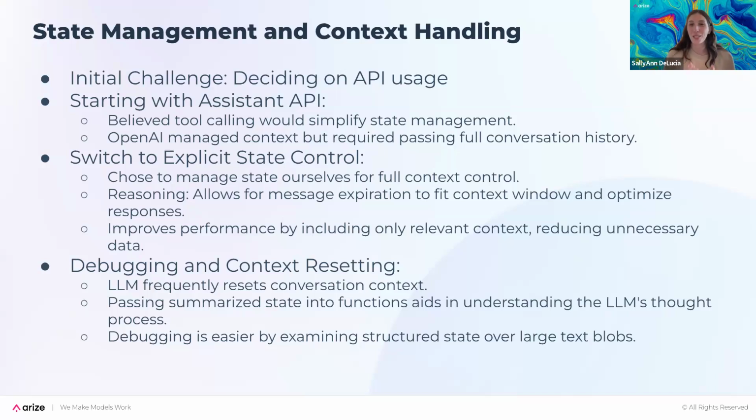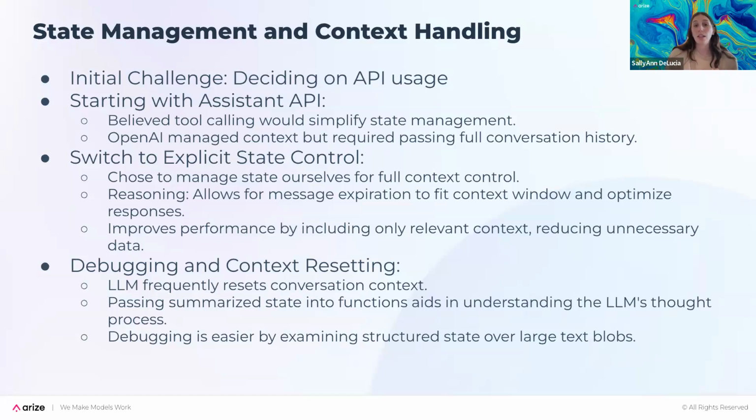And that's something you'll hear me talk about a lot as we continue to go through this, is that full control in our production setting ended up being really important to us, because we found that a lot of these out-of-the-box options weren't really suitable for our needs. So we do full state control, which allows us to fit all the context we need into the context window, and then optimize around that.